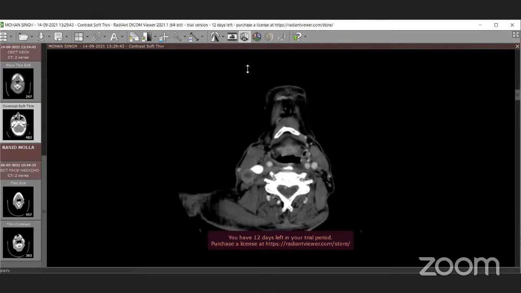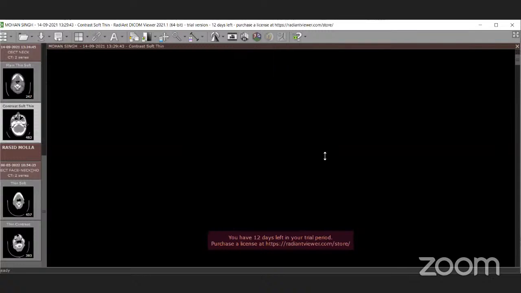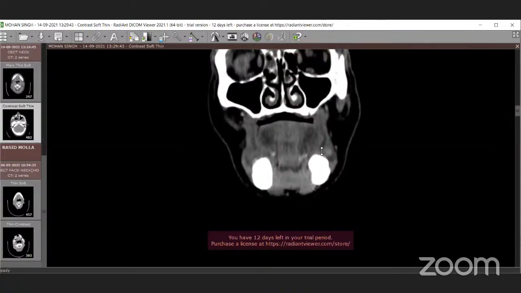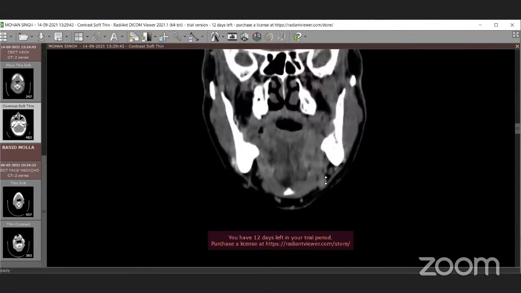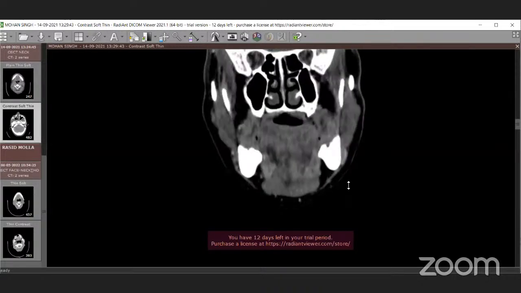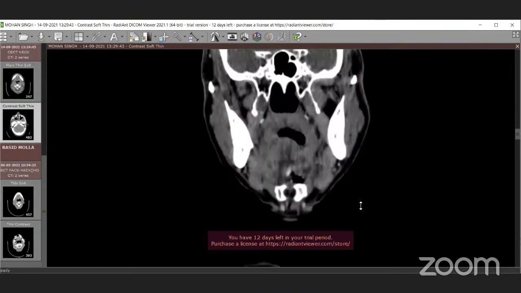For the mylohyoid, I would always advise you to go for a coronal image. So this is the hyoid bone. These are the mandibles, and whatever U-shaped muscle connects the entire thing is the mylohyoid muscle. Then you trace it anteriorly and posteriorly.